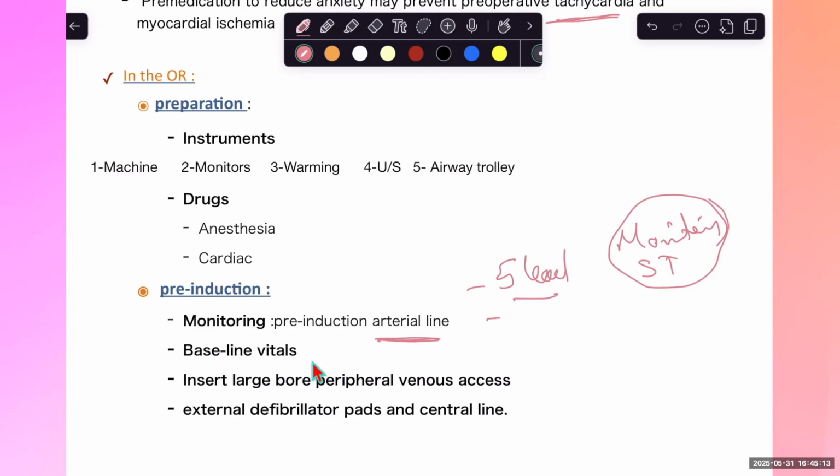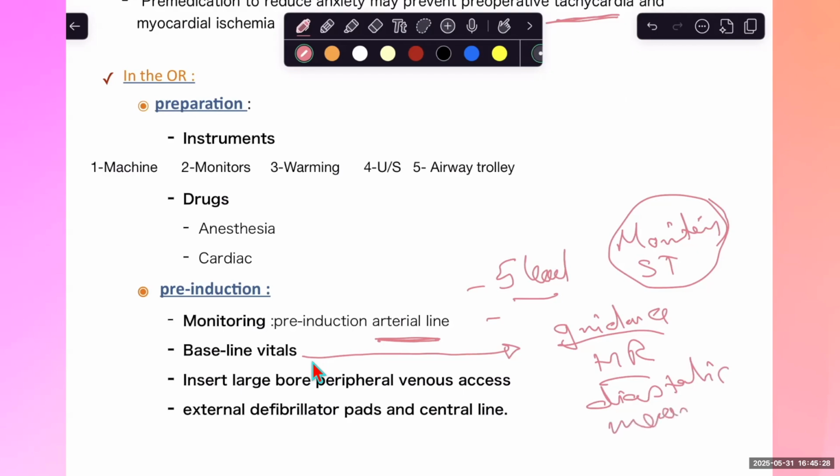You should take it because baseline function will be your guidance. You will know what heart rate, what diastolic pressure and what mean pressure are favorable for this patient. If the patient is lying flat and calm and no chest pain, nothing, you know that this heart rate with this diastolic pressure, with this mean pressure, all of these are excellent for this patient.